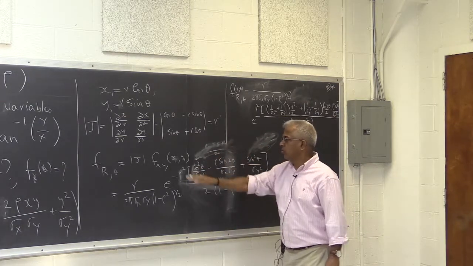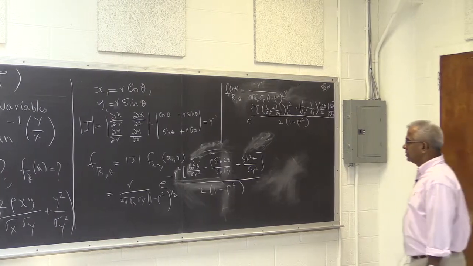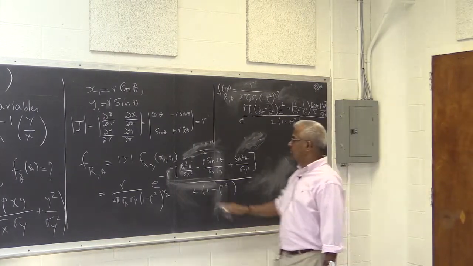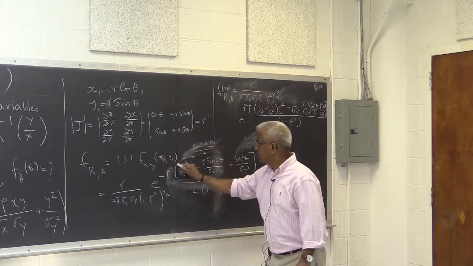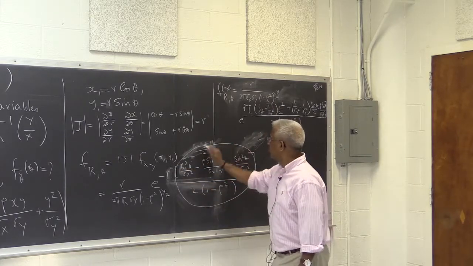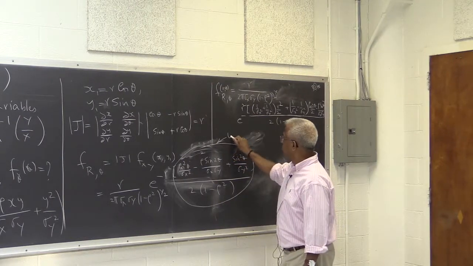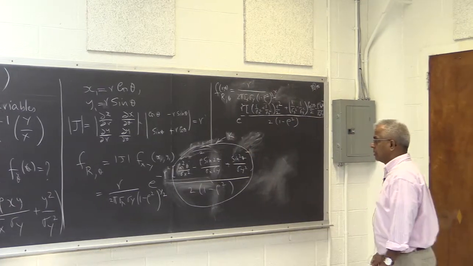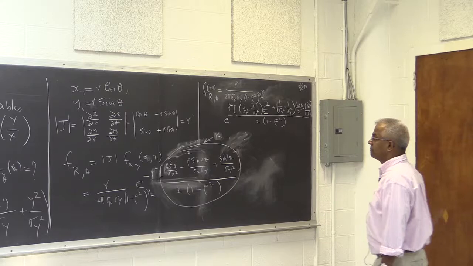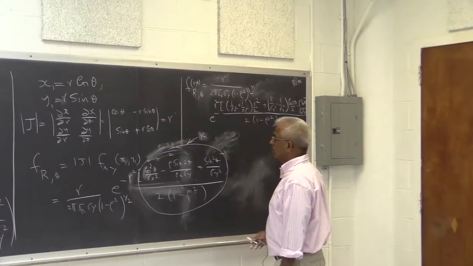So remember, this is also the joint density function between r and theta. Let me call this whole quantity some constant k, because we just need to integrate out r.